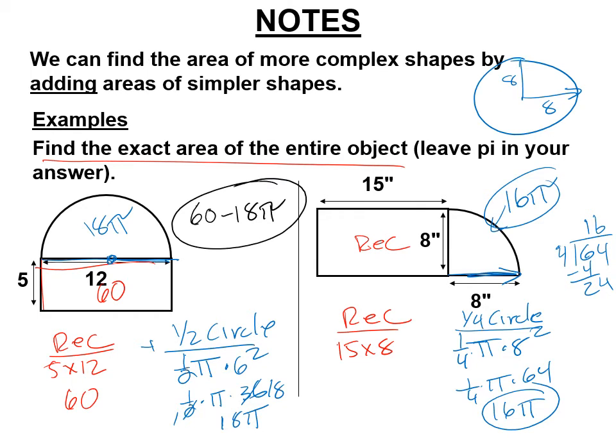That's 16 pi square units. 15 times 8 is 120 square inches. So I have to subtract, and it looks weird the first time, but this is not unusual in high school. 120 minus 16 pi is the answer.